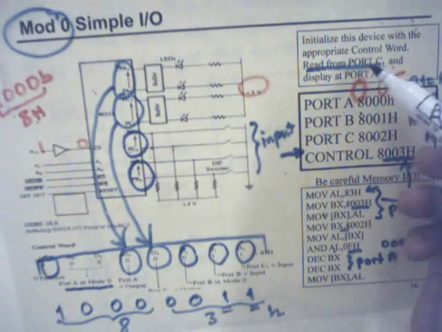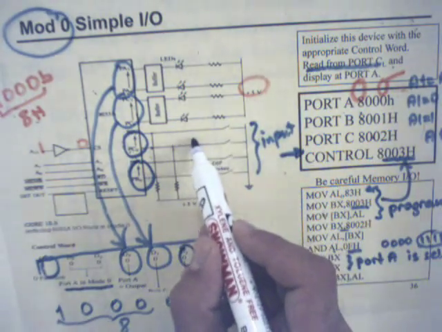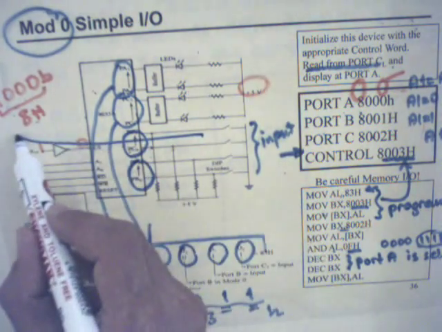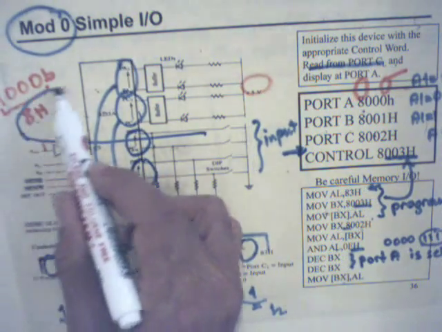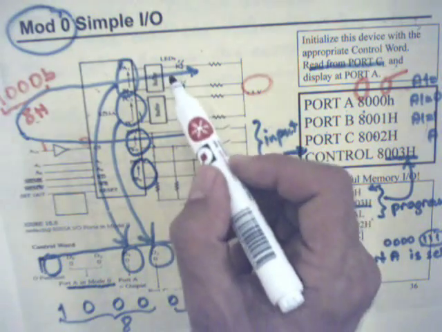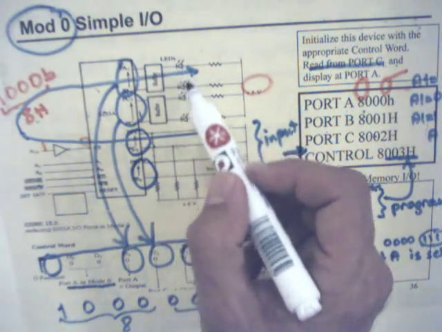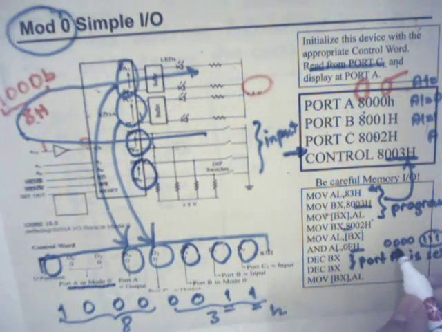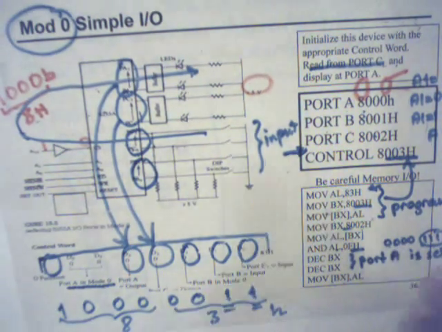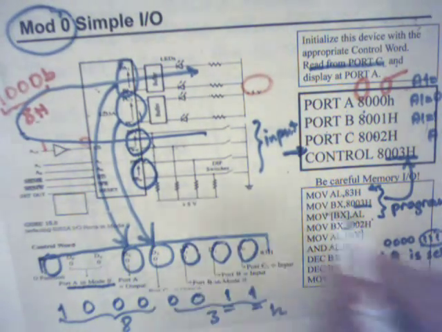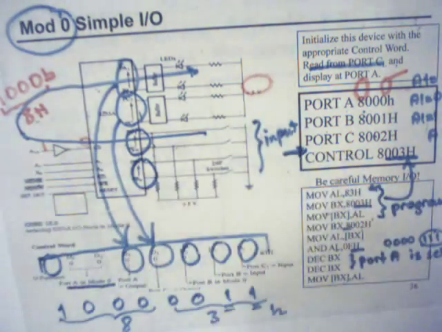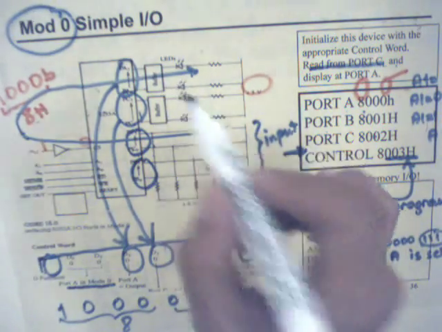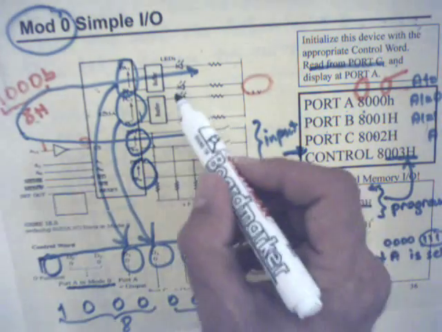Read from port CL, then display at port A. So of the 8 LEDs, the most significant 4 LEDs do not turn on, and the least significant 4 bits turn on or off according to the dip switch information.